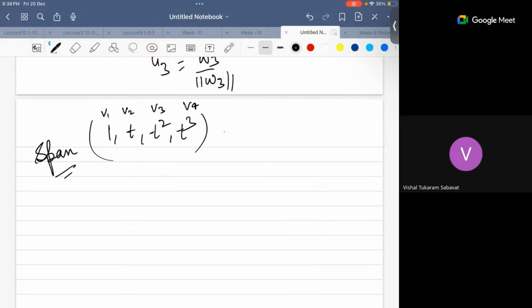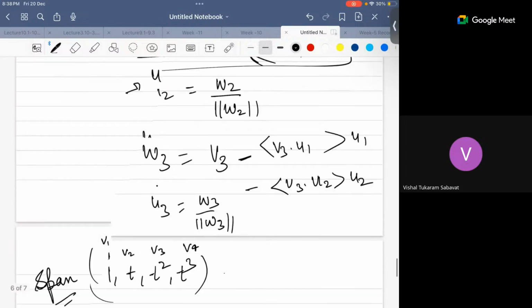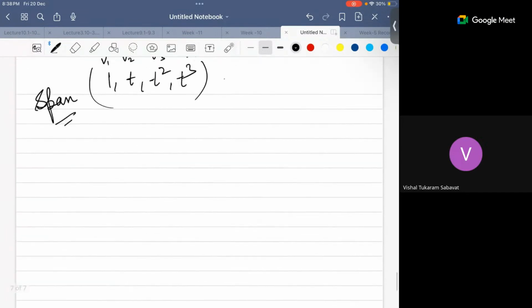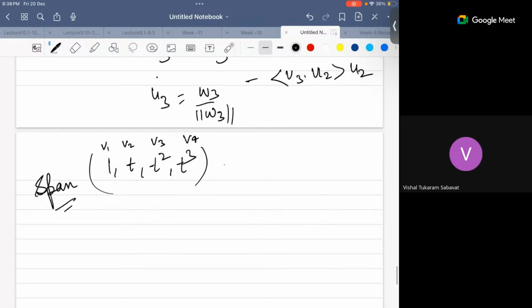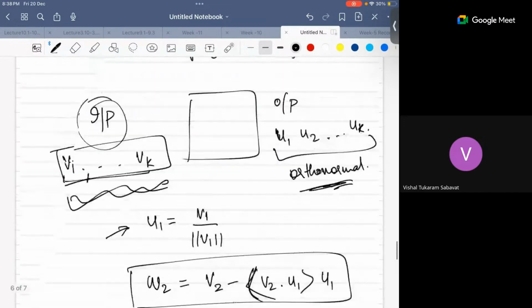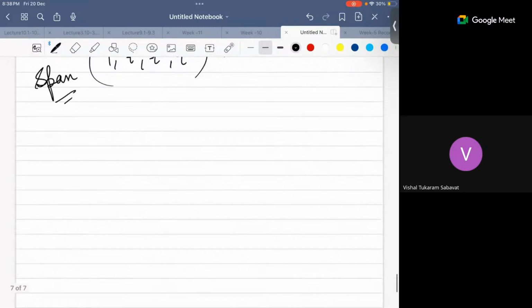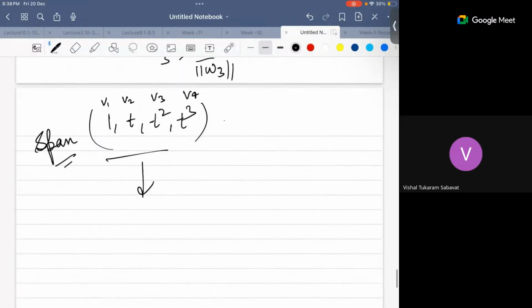Can you please solve this, sir? Okay, let's try to solve this. The span of this will be what? This is the first vector. To get u1, it will be v1 upon the norm of v1.